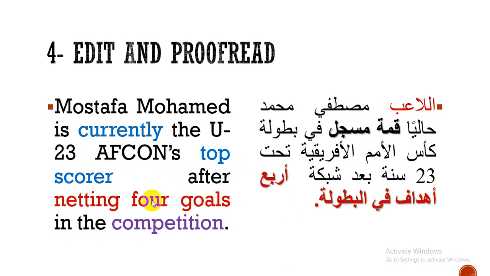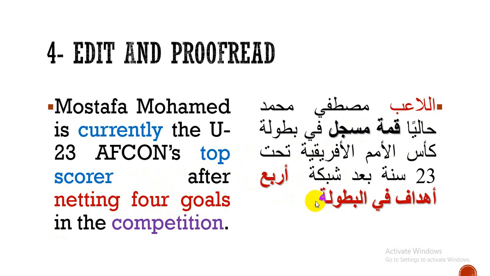If we translated it like this, so Mustafa Mohammed, اللاعب مصطفى محمد, is currently حاليا is the U23 AFCON under 23 AFCON's top scorer after netting 4 goals in the competition. So top scorer, is it قمة مسجل? After netting بعد شبكة net 4 goals 4 أهداف في البطولة.